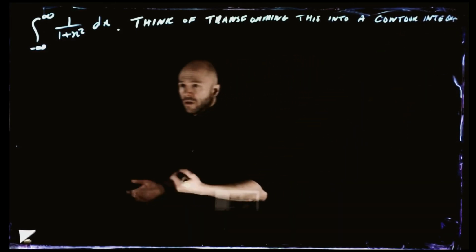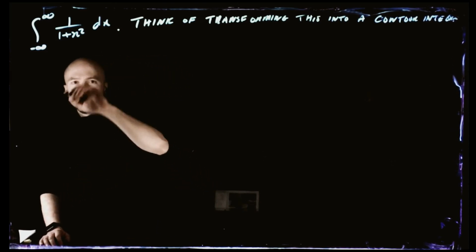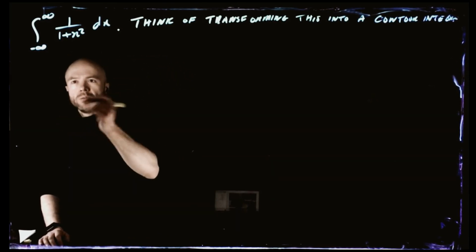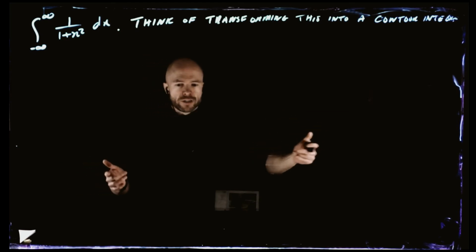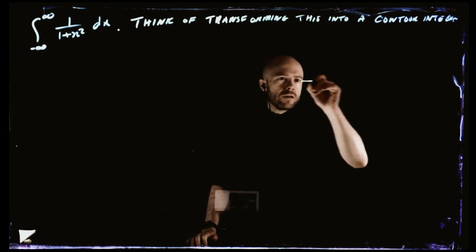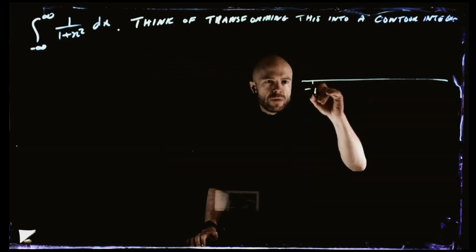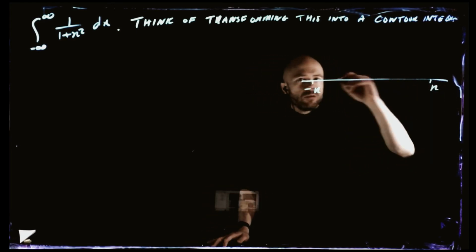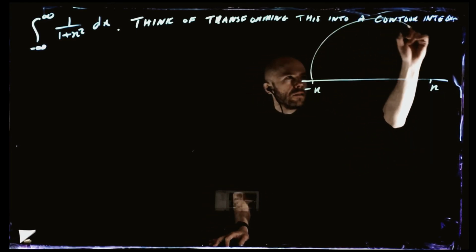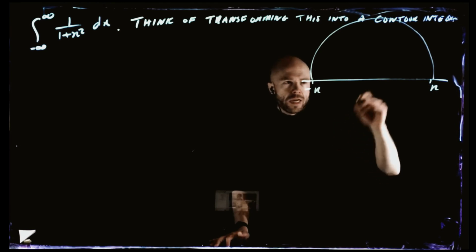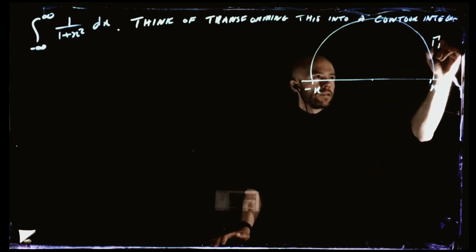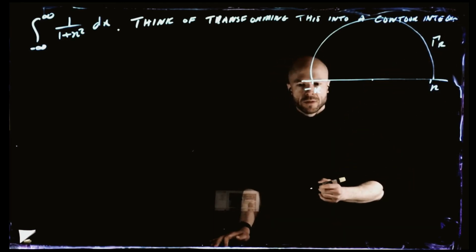We've learnt contour integrals over nice curves, right? So we don't want to do anything from 0 to infinity. We're going to do something from minus R to R as R gets bigger. And we're going to create a contour like this. So we're going to have minus R to R, and we're going to create a semicircle like this. That's the contour we're going to use, and that's called gamma of R.